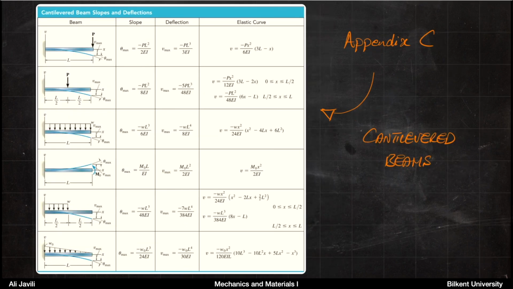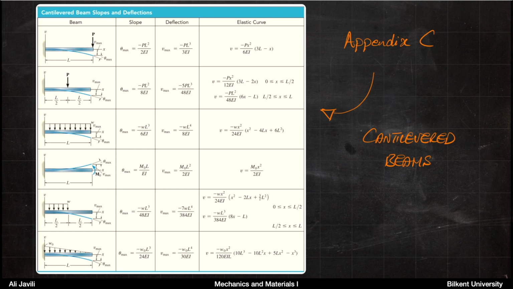So in each row you see a different answer, and then in the next part of Appendix C, you see the distribution of, or basically the elastic curve or the deflection for cantilevered beams.